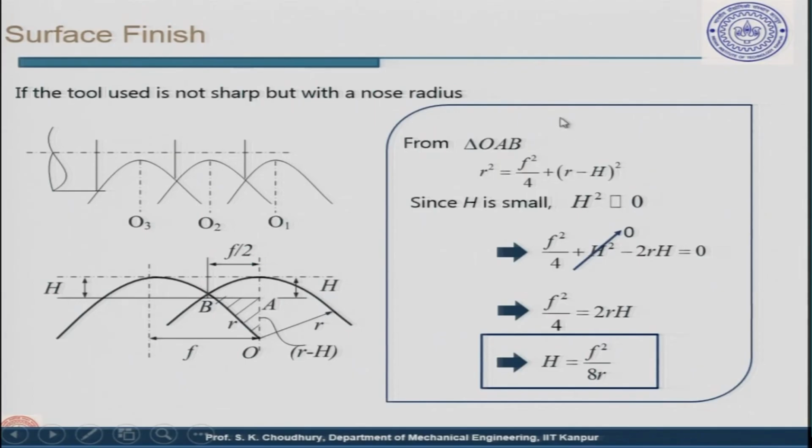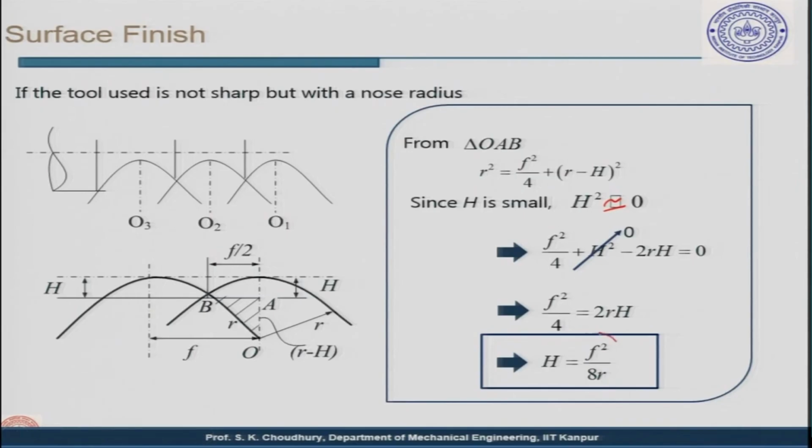So, from the triangle OAB we can say that r square is equal to r minus h square plus f square by 4. Here h is very small, so h square is almost equal to 0. From here, h, the surface roughness, is given by f square divided by 8 r.